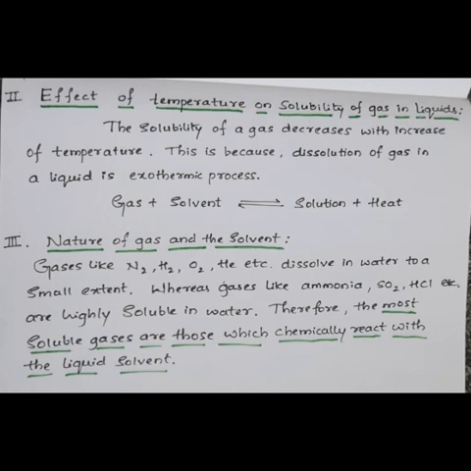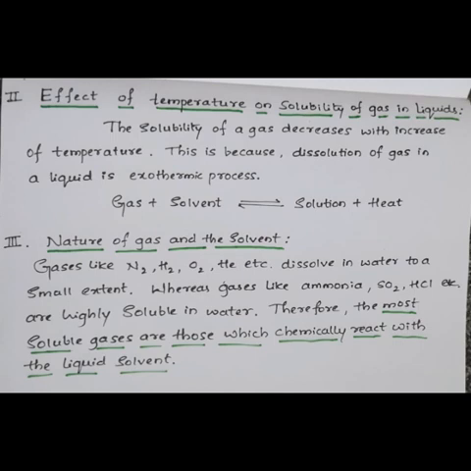This is because nitrogen, hydrogen, oxygen, all these gases are non-reactive gases, or they are less reactive. When less reactive gases are dissolved in a solvent, they are less soluble. And if more reactive gases get dissolved in the given solvent, they will easily dissolve and become highly soluble.